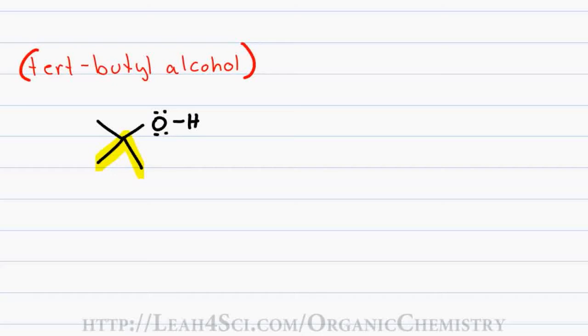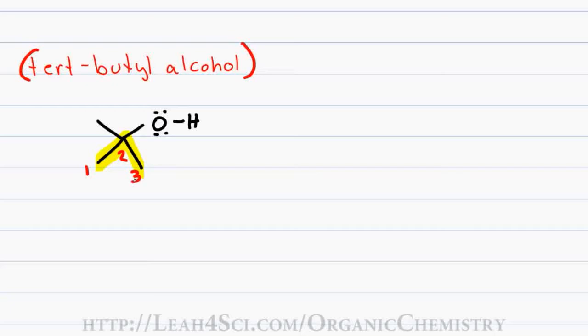When you have a substituent on your alcohol, you still follow the same rules where your substituent becomes the prefix and the alcohol is your suffix. You may recognize this molecule as having the common name tert-butyl alcohol, but let's see how to name it using the IUPAC rules. We'll start by identifying and highlighting our longest carbon chain, in this case 3 carbons, and numbering so that alcohol gets the lowest number. We have the option of numbering both from the right and the left, each giving oxygen a number 2, so I'll start numbering from the left.